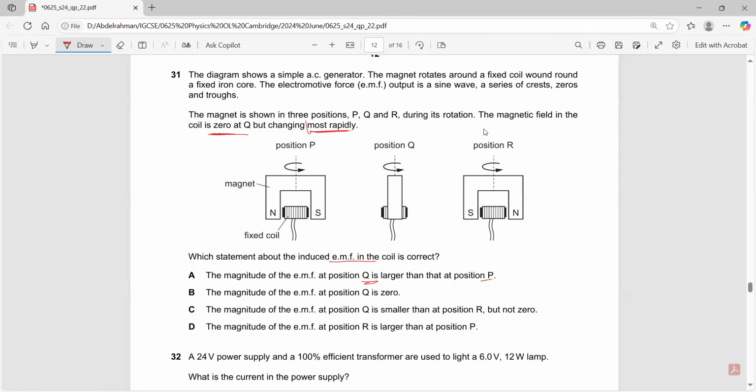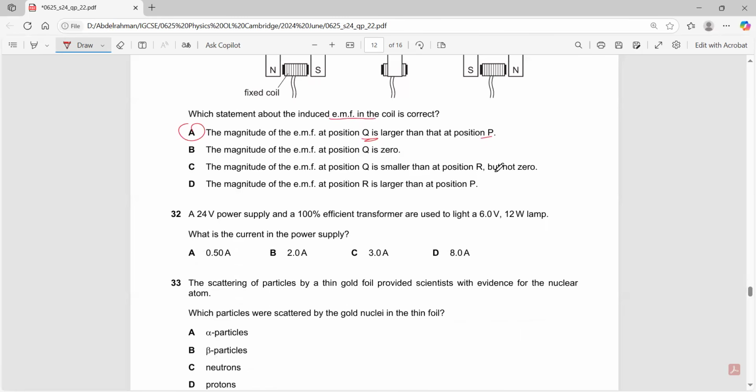Most rapidly has to do with the speed, and therefore it would be producing the largest EMF. It doesn't have to do that much with cutting perpendicularly or parallel, but with the speed of the rotation.